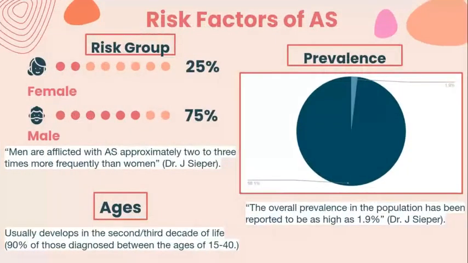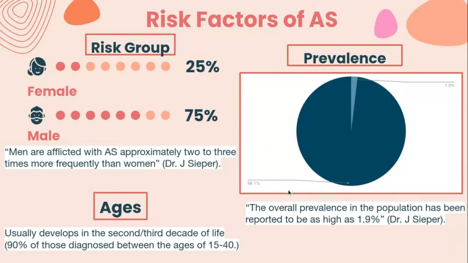Risk factors of ankylosing spondylitis. According to one of the medical journals that I analyzed, the main author was Dr. J. Seiper. Men are afflicted with ankylosing spondylitis approximately 2 to 3 times more frequently than women. So you can see that up here.